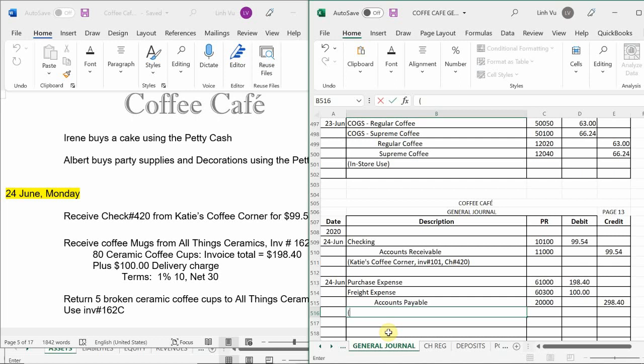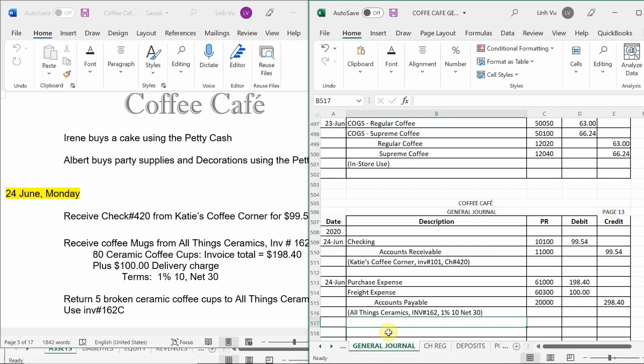So for this subscription, All Things Ceramic, invoice 162. And your terms are 1/10, net 30.